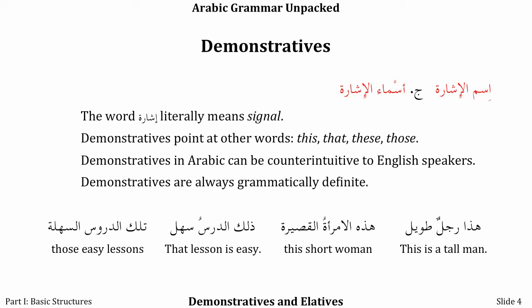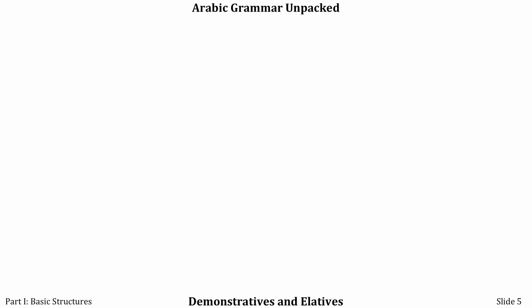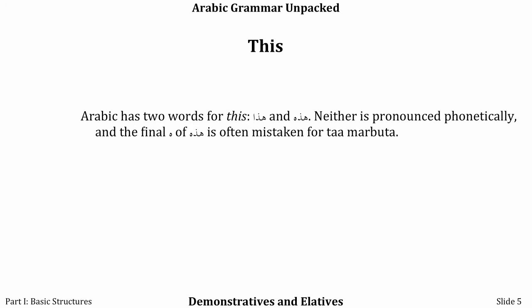Now, in theory, this is pretty simple, but it gets kind of complicated once we move into larger sentences and phrases. So let's pay attention to the basics by beginning with the word this. Arabic has two words for this, هذا and هذه. Neither is pronounced phonetically, and the final ha of هذه is often mistaken for ta marbuta because they look alike except for their dots.